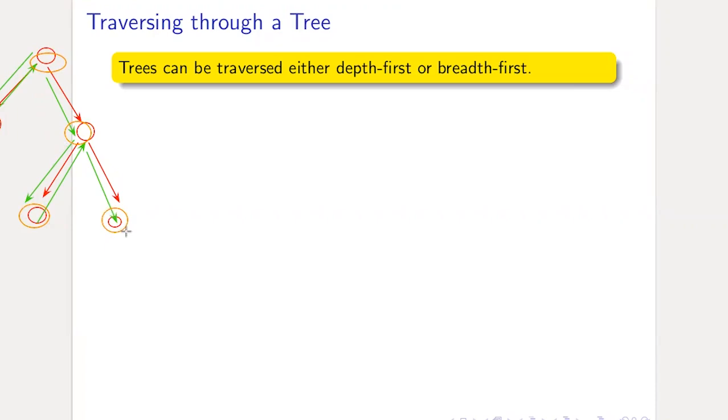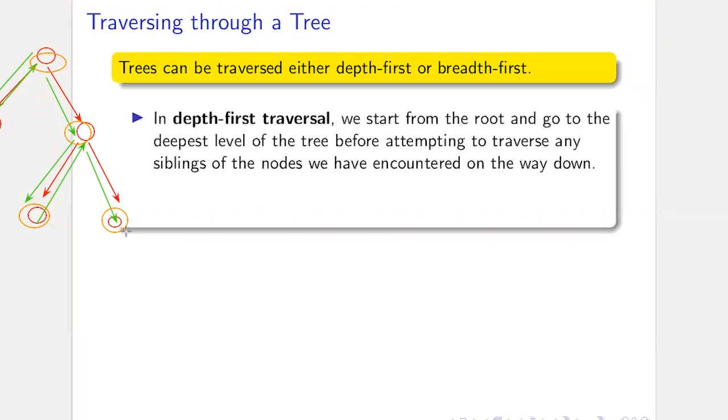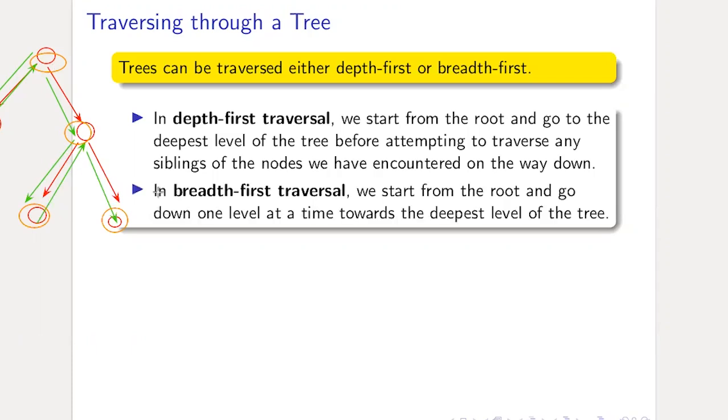That is breadth first. To do the depth first traversal, we start from the root and go to the deepest level, as I explained. In breadth first, we just go one level down, cover everything at that level, and then go to the next level like that.